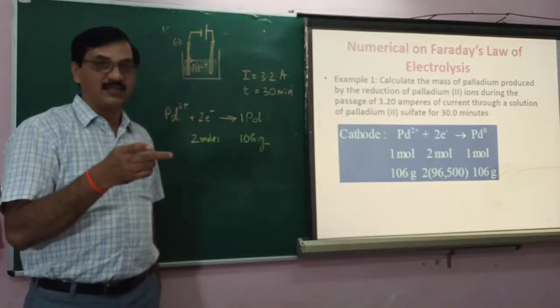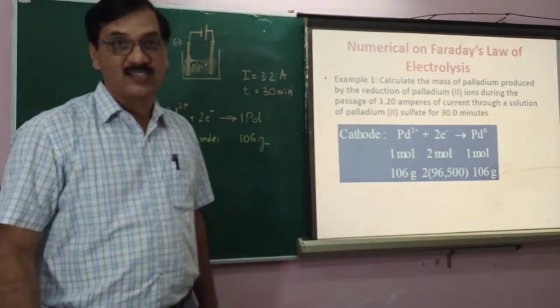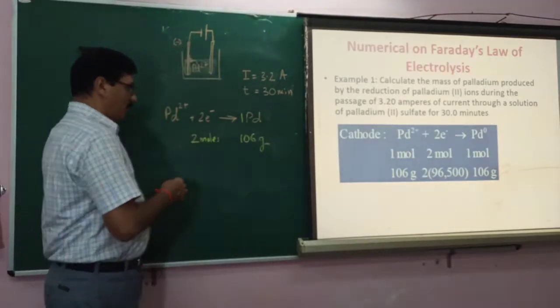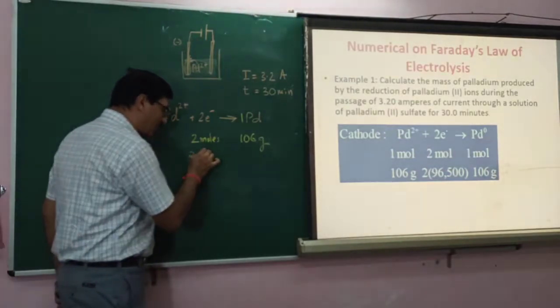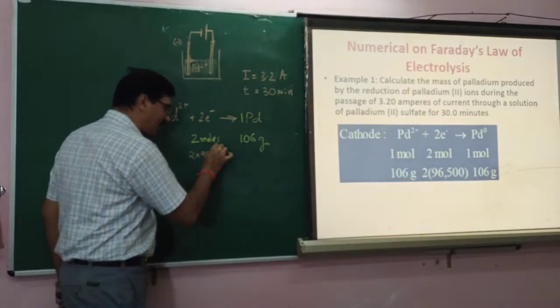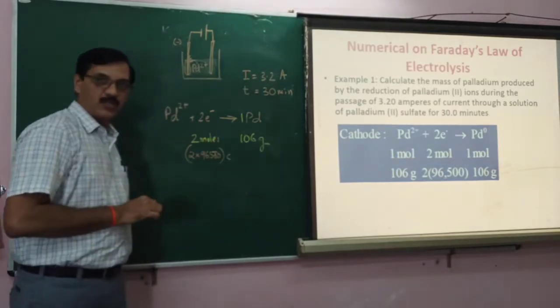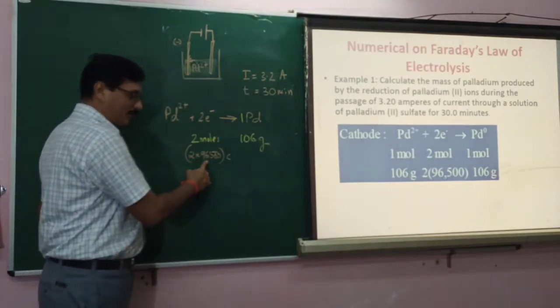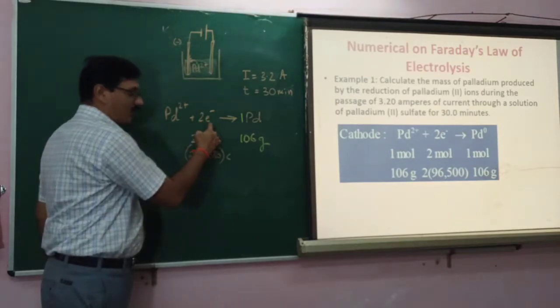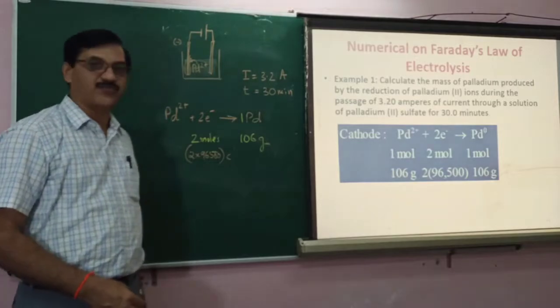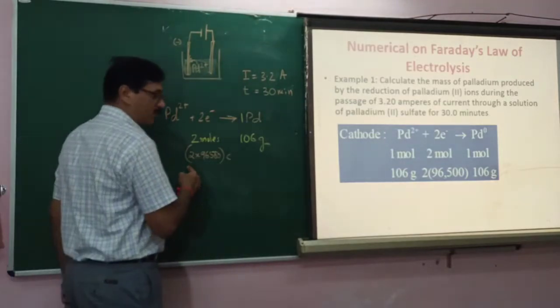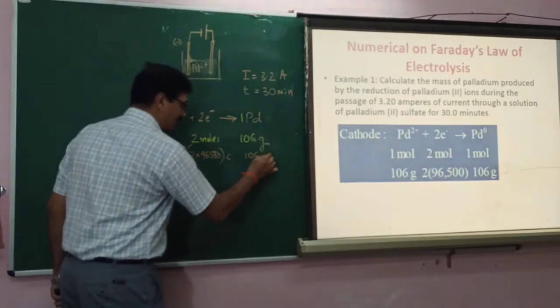By multiplying this we get the Faraday, that is 96,500. Now 2 moles of electrons carry 2 into 96,500 coulombs of charge. This many coulombs of charge will give 106 grams.